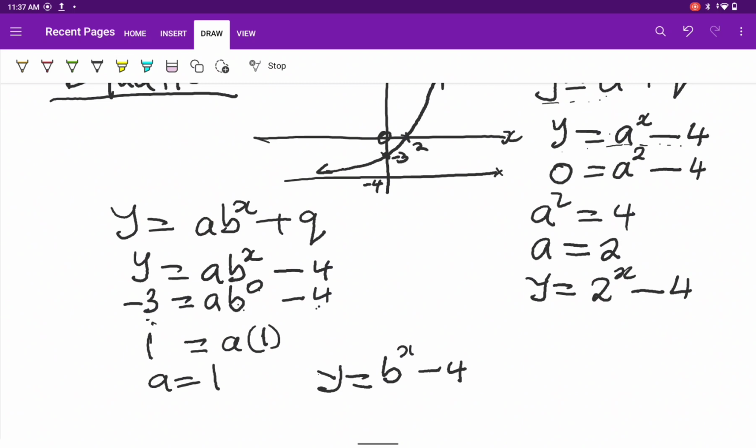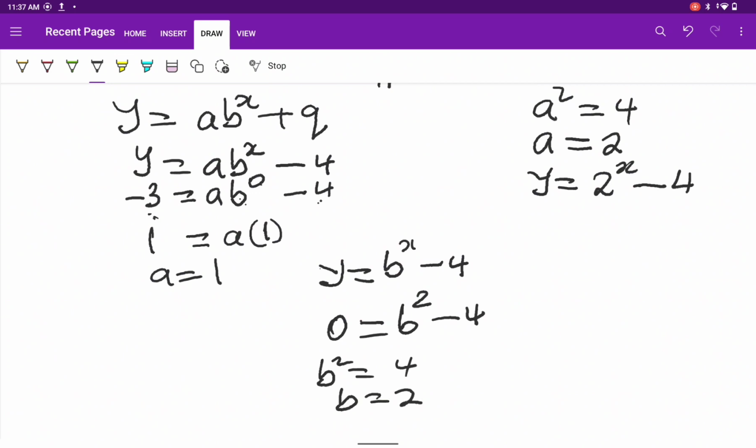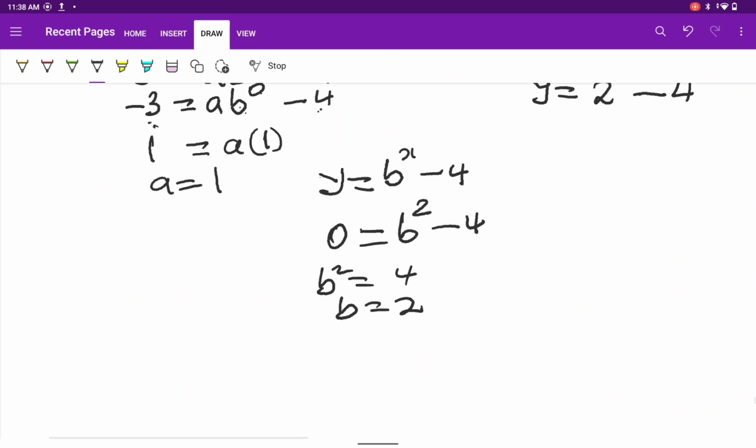And now we substitute the 2, so let's put 0 here instead. We'll have 0 equals b to the 2, then minus 4 as we did that side. So we have b squared is 4, and we have b to be 2, and hence we are able to get our equation as y equals 2 exponent x minus 4.